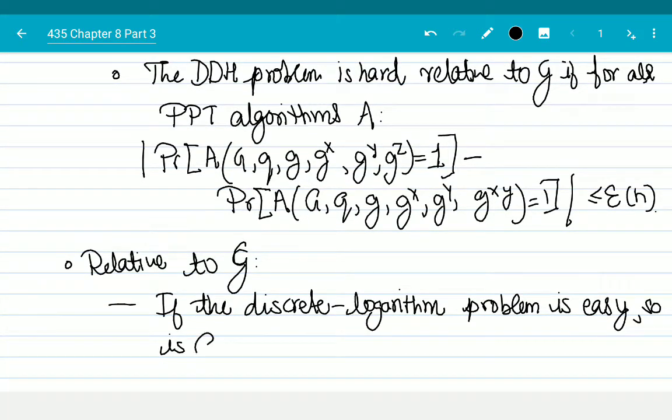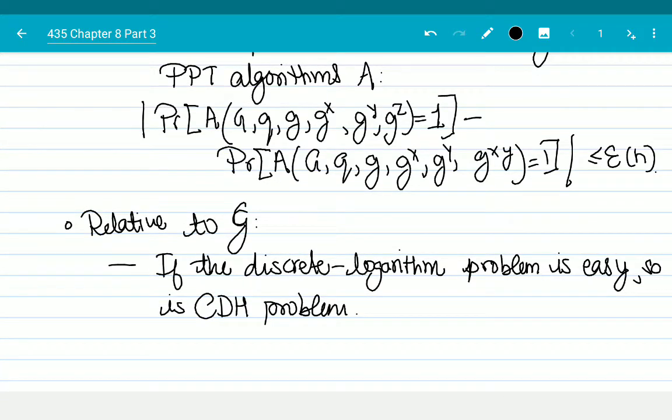So is the CDH problem. If I can easily find out the discrete logarithm, then I can compute the Diffie-Hellman problem pretty easily.